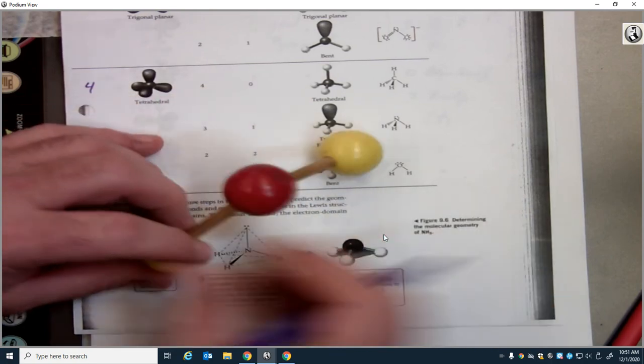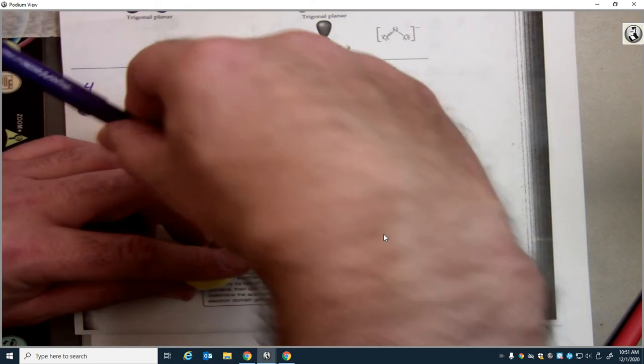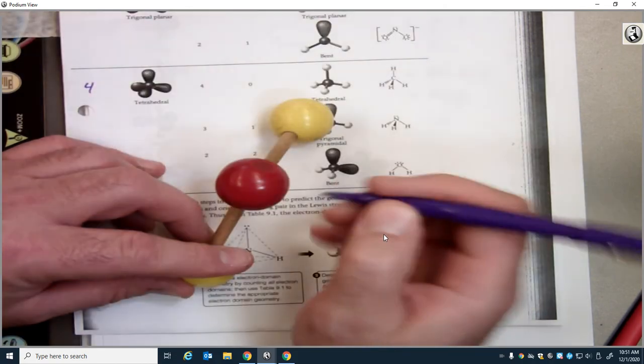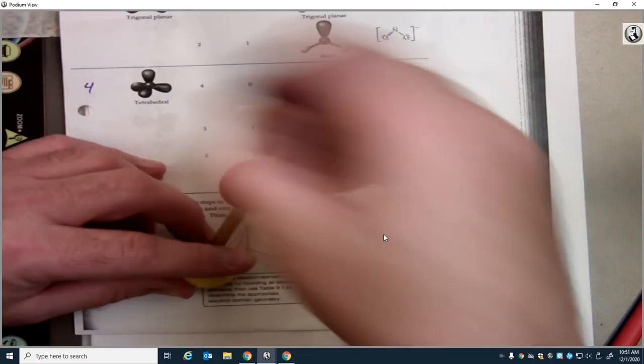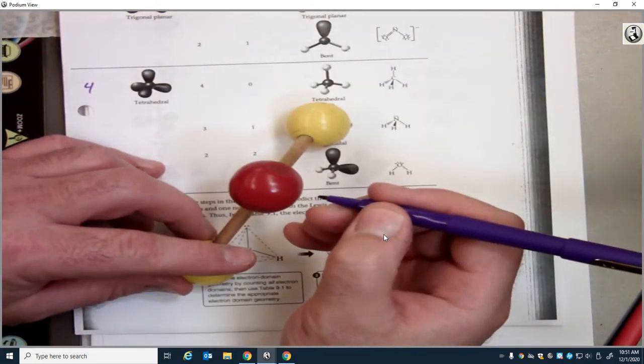One of them is coming up this way, and one of them is coming up this way. We can't see them because they're unbonded pairs, or non-bonding pairs, right? So they still make this tetrahedral shape.